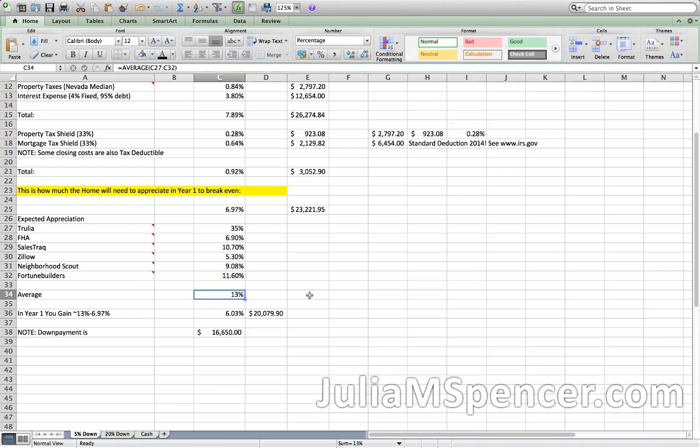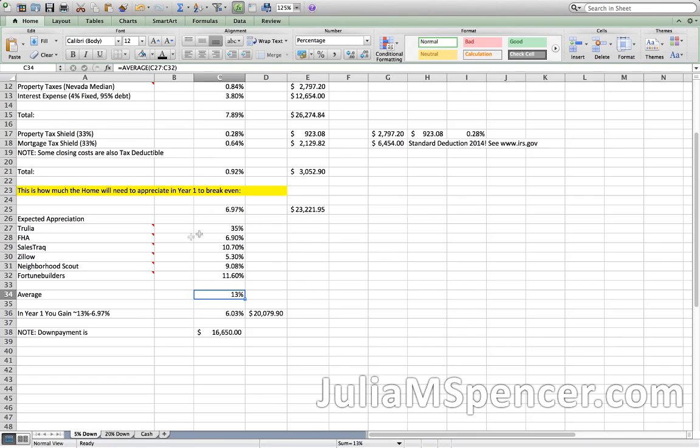But I'm not sure if longer gives us better information, because I want to say that probably values have increased at some point in time in the 50s or 60s or whenever Las Vegas was built up first. And of course we had the mortgage crisis in the 2000s. So I'm not sure how far back you want to go.